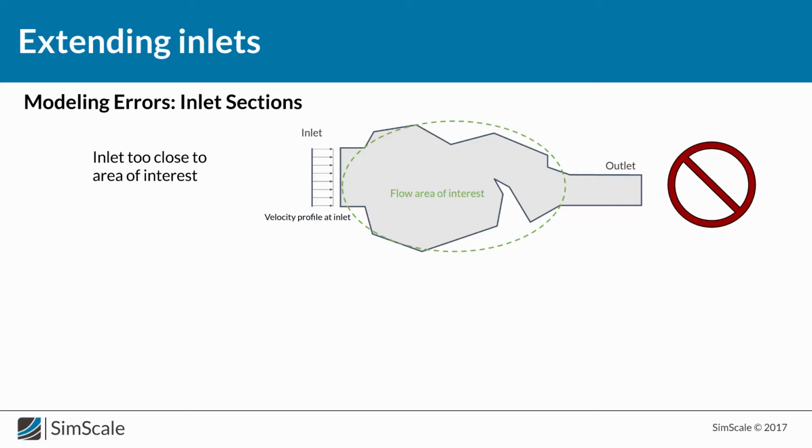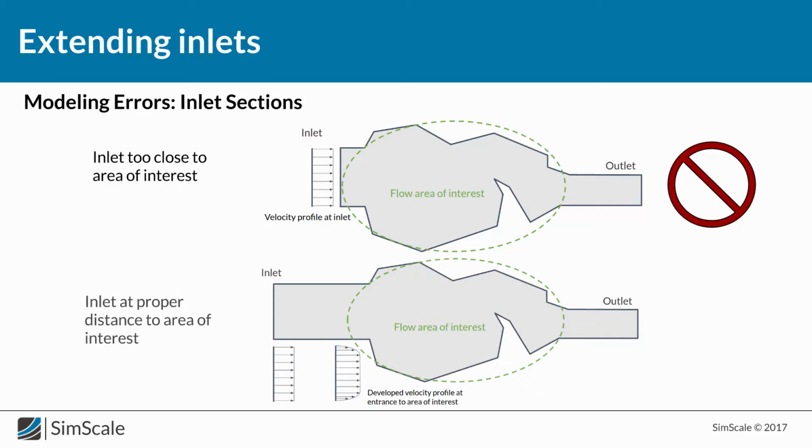For this reason, the first thing we should do is always extend the inlet area a little bit. It doesn't have to be much, but it would be good that within the extension, the flow will have the place to develop a profile that is actually representing the flow that exits the inlet section and enters the flow area of interest.